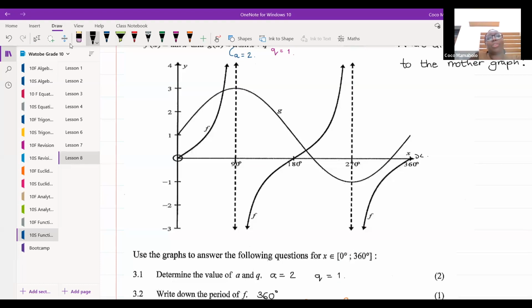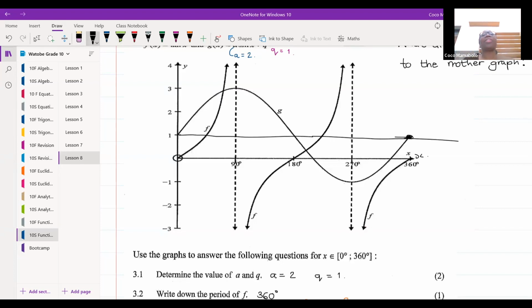At the point 1, draw a line. It's not a straight line because this thing should touch 360. Let's do that again. I tried, guys, I tried.